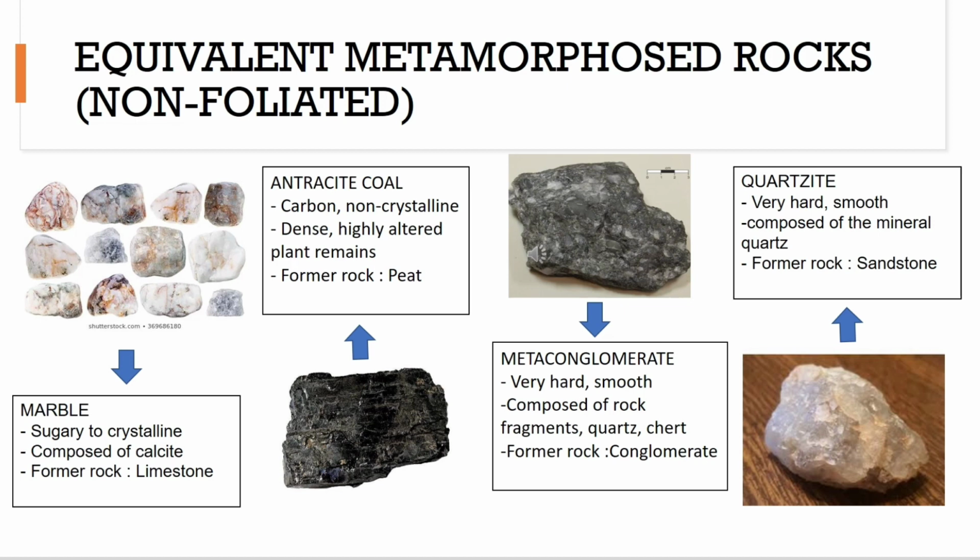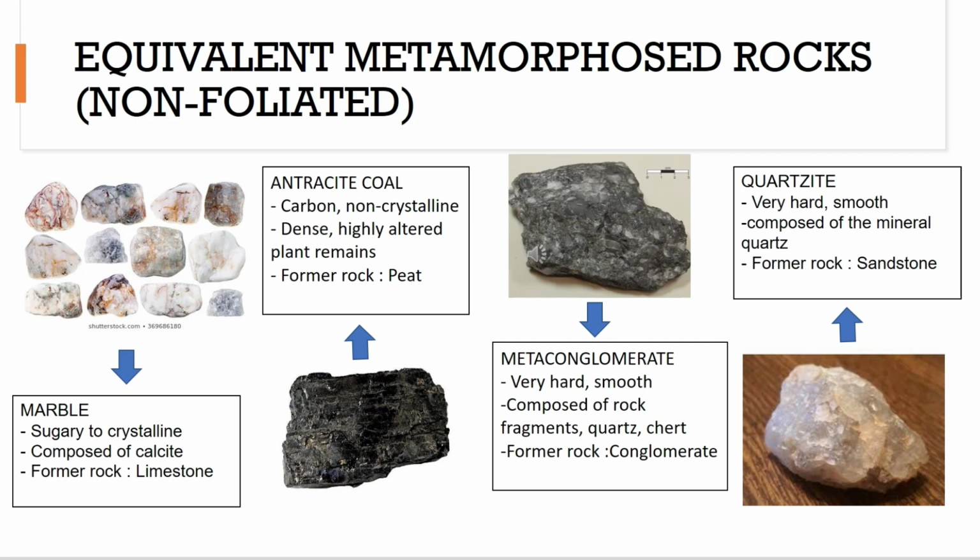Examples of non-foliated rock are marble, anthracite coal, metaconglomerate, and quartzite. First is marble. Marble is composed of silicate and it's formed from limestone. For anthracite coal, it is formed from carbon and its former rock is peat.